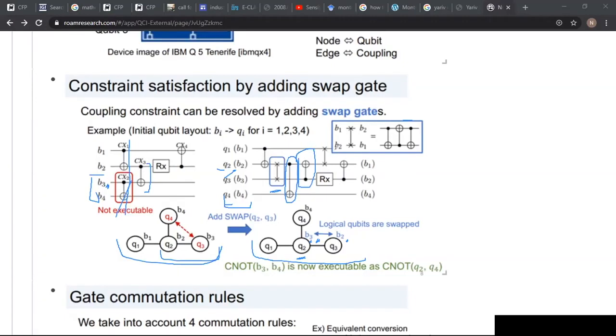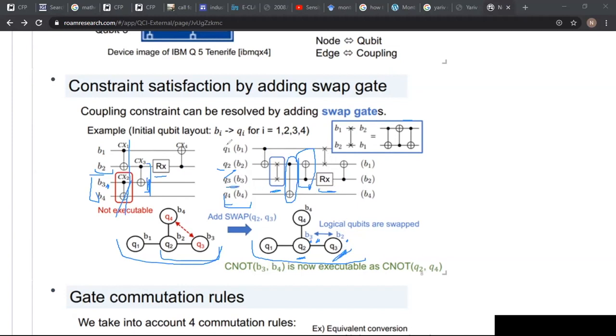So that's why the gate is flipped. And that's the reason why you have a flip over here with respect to this. And similarly, the RX gate was implemented on the B2 state. And now your B2 state is with qubit 3. So you have an RX gate over here on the third qubit.